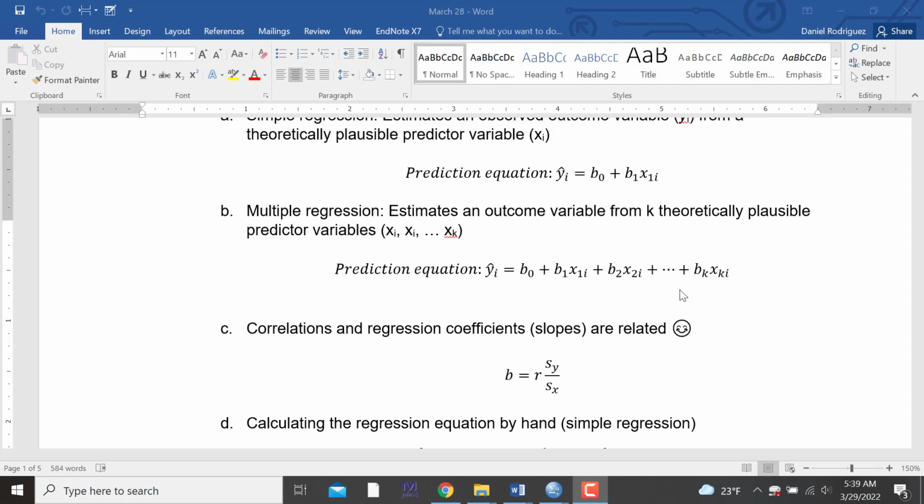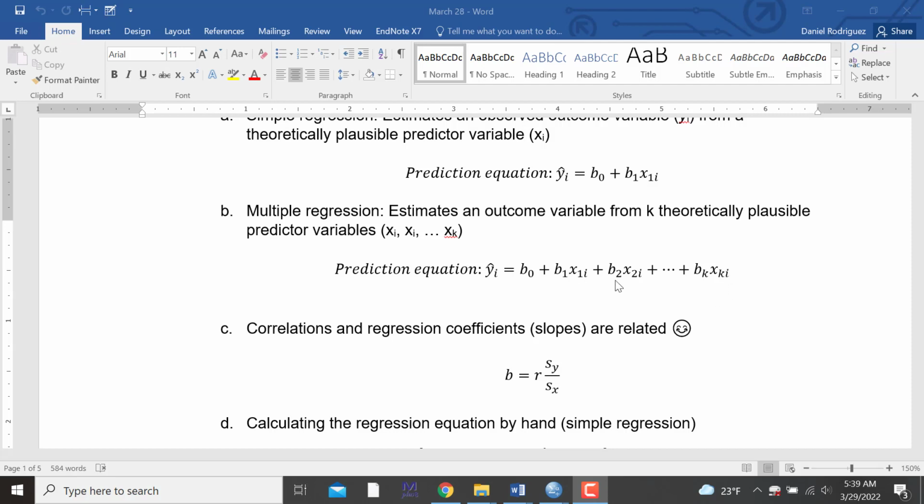In multiple regression, we add more predictor variables. Generally, it's not enough to make a prediction based on one variable. We can judge that by looking at the R-square. If you recall, R-square from correlation is the proportion of shared variance between two variables, and I had mentioned that we use that in regression. So it's the proportion of the variance in the outcome predicted by the predictor variables, and it can range from 0 to 100%, right?